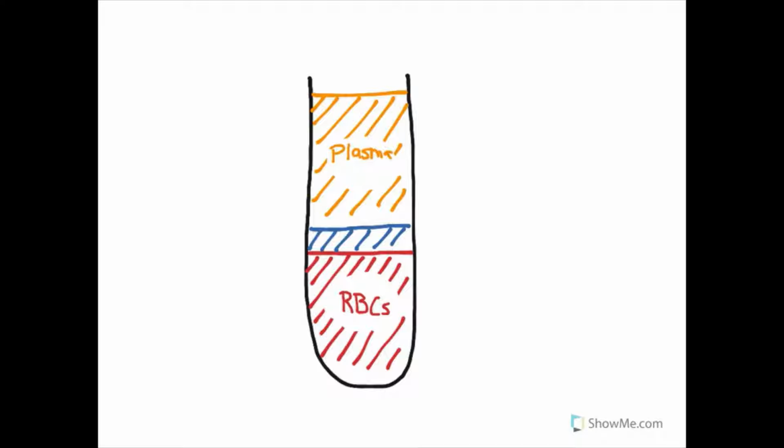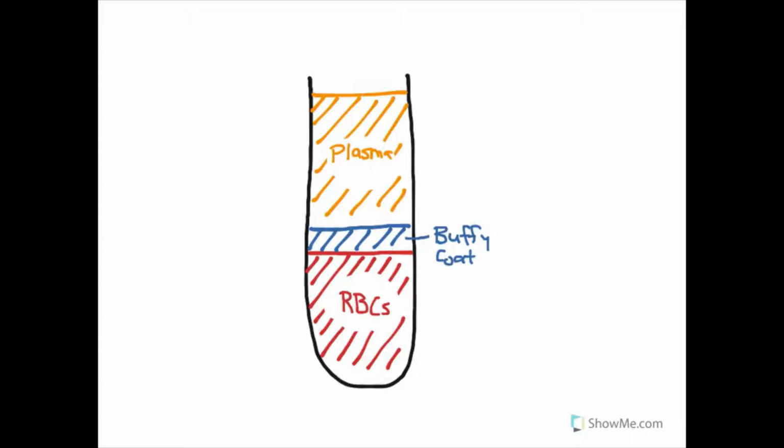For the blue, I can't erase because of the way it works, so I'm going to write off to the side that this is the Buffy coat, and we'll talk about what the Buffy coat is momentarily.